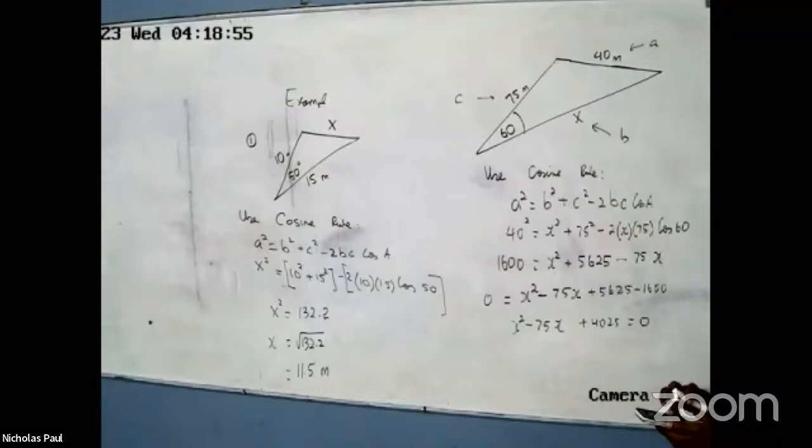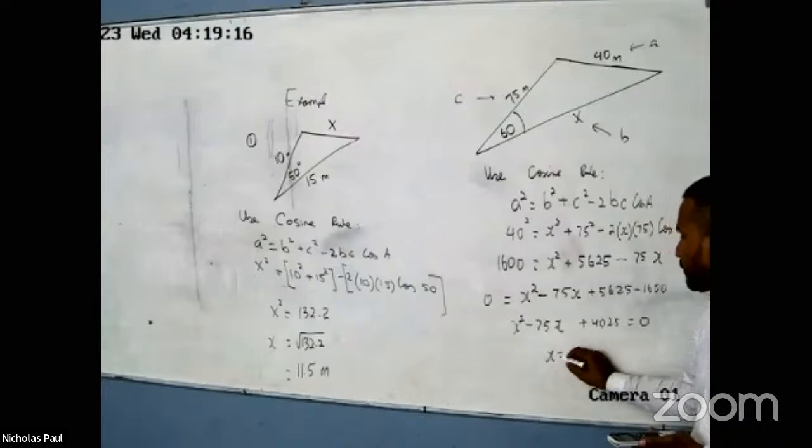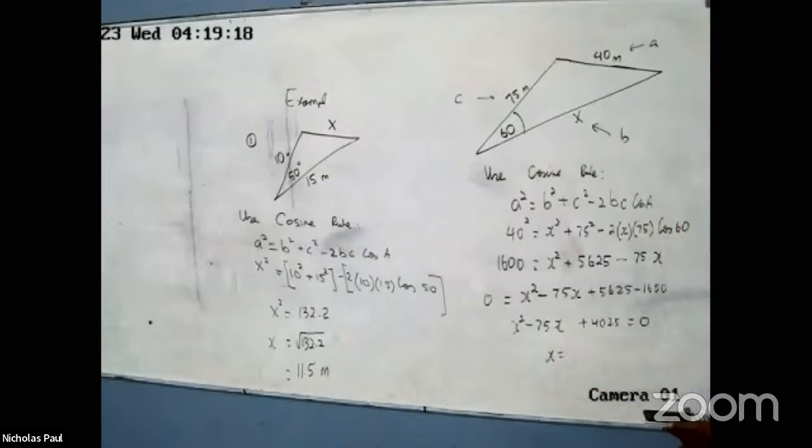But because I am trying to save some time, I will just go to the calculator and do it. Then you'll end up with 2 x values. X is something and something else.